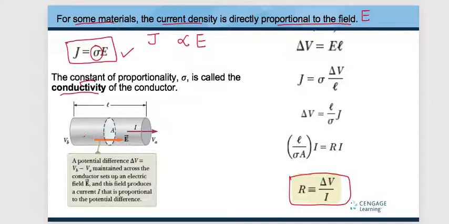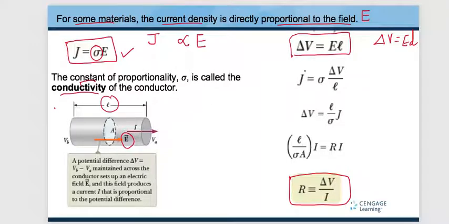We are going to consider a conductor as shown in this diagram. You can see that the length of the conductor is L. It is having a potential difference, therefore there is an electric field which is E. So we can relate delta V, which is the potential difference across the conductor, as EL, because we know delta V is Ed. Recall that from our previous formulas.